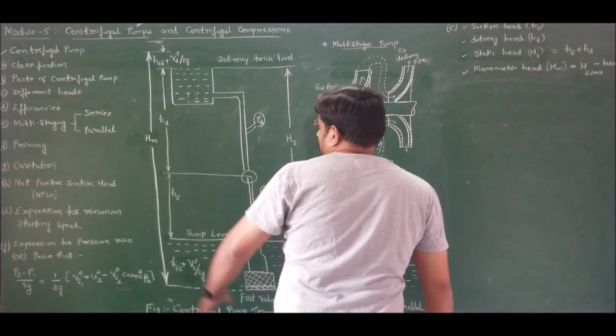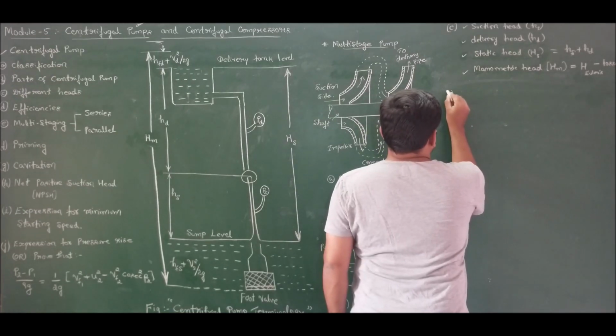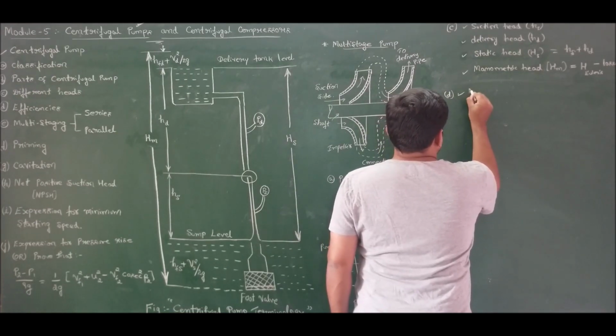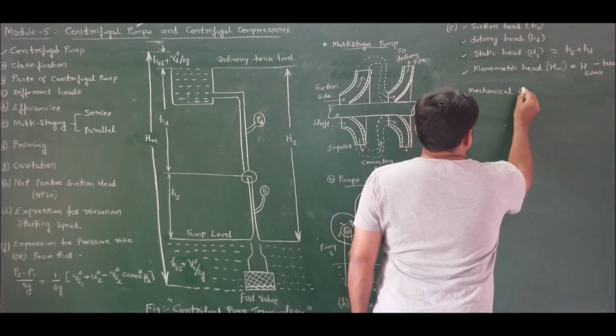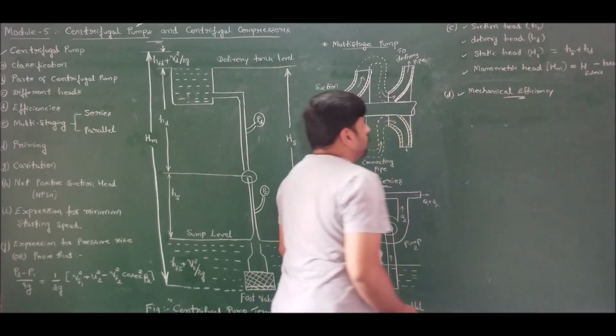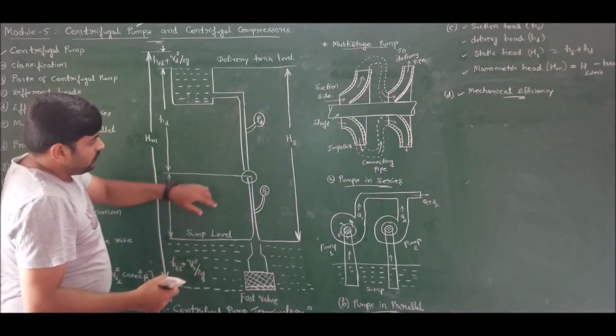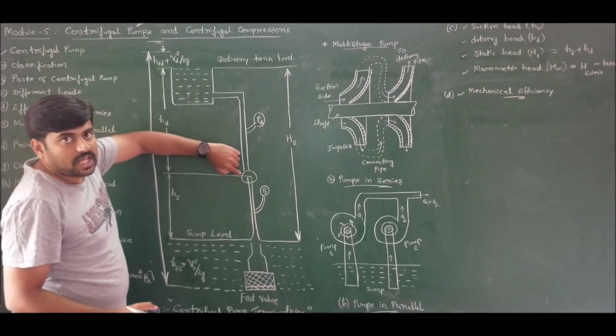Next, moving ahead to different types of efficiencies. The first one is mechanical efficiency. For pumps, we supply the power from an external source or prime mover to the shaft.